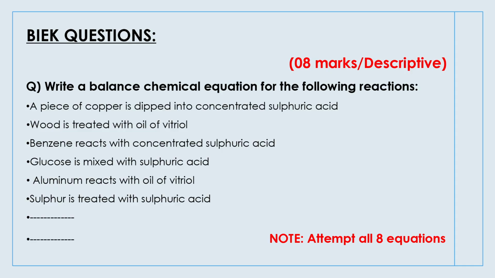Make sure that whenever you are attempting this question in your board examinations, 8 equations must be attempted. They must be complete and balanced. By complete, I mean if you have more than one product, then all the products must be mentioned. The equation must be balanced. It means the number of moles for the reactant and product side must be specified.